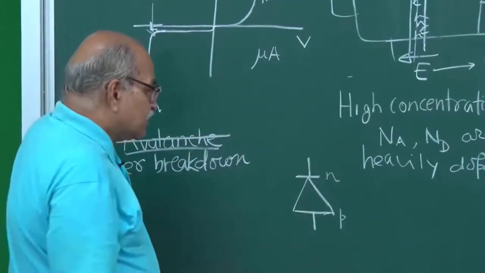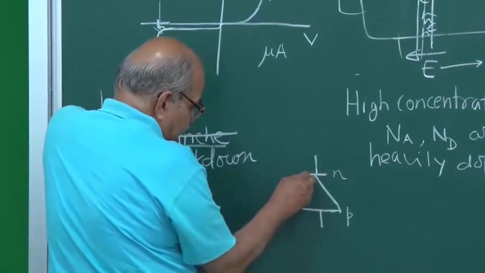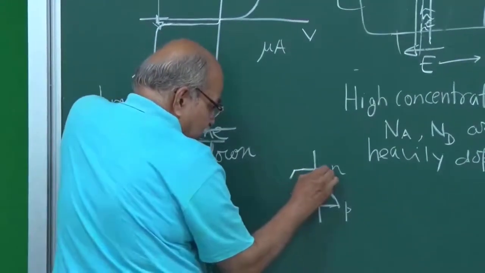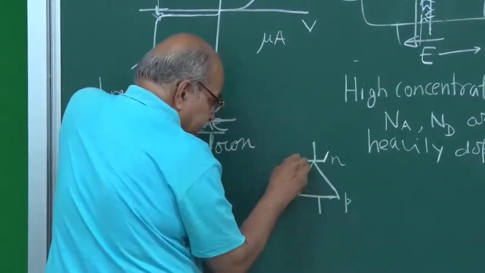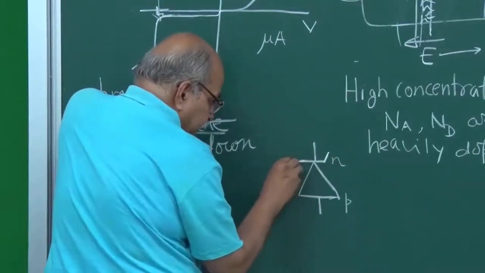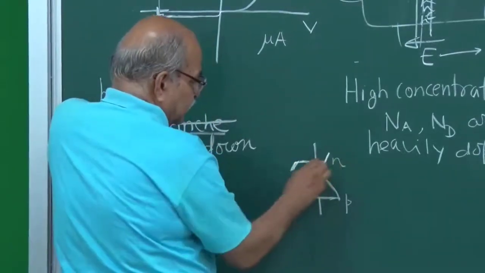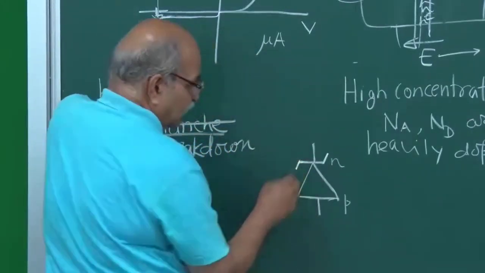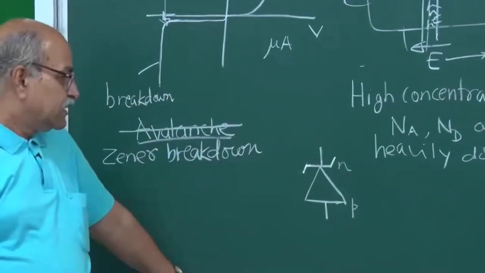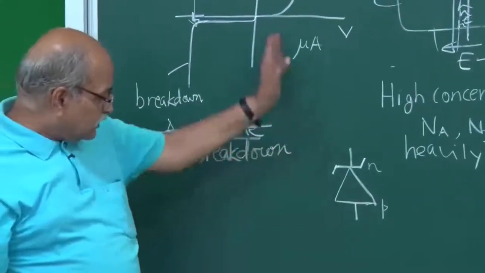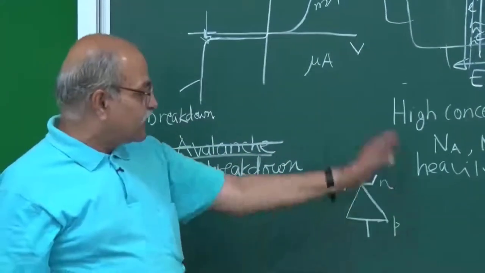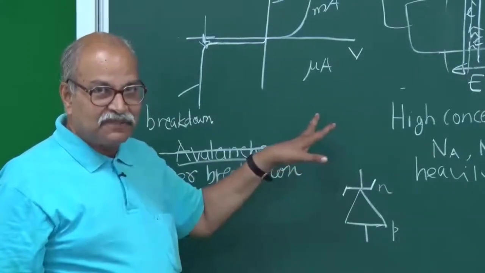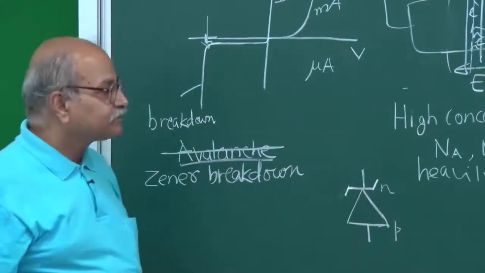But for Zener diode, this symbol has a slight modification. You put 2 more lines like this. So this is a symbol for PN junction, so this Zener diode. So wherever you see this kind of a symbol, these two extra lines, you understand that we are talking of Zener diode.